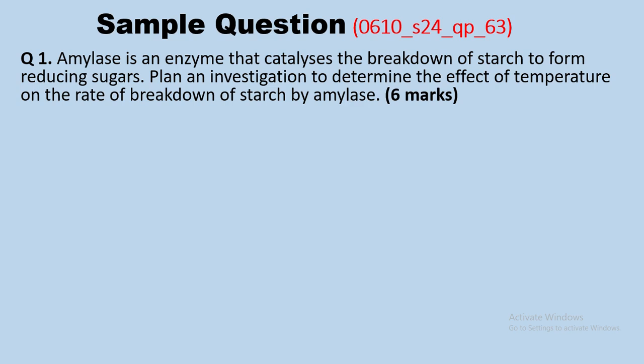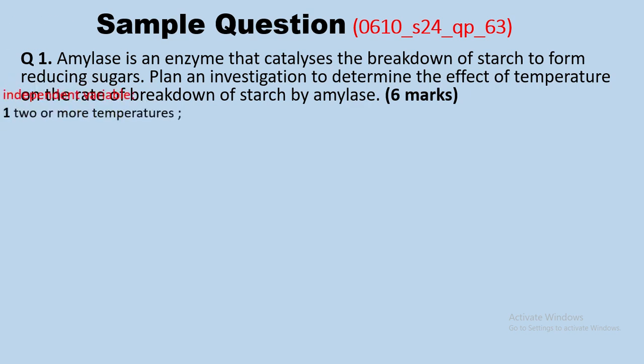Sometimes it may not come in that order, but you just need to look at the title to find out which one depends on the other, or which one will be changed such that it can affect the other variable.